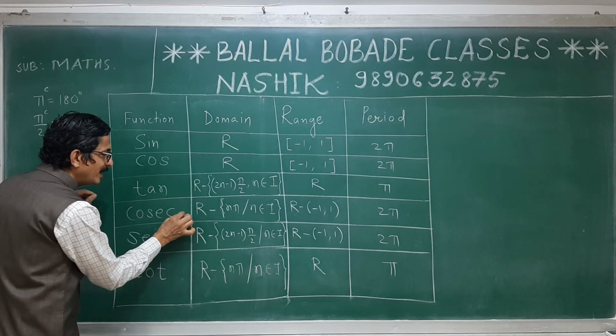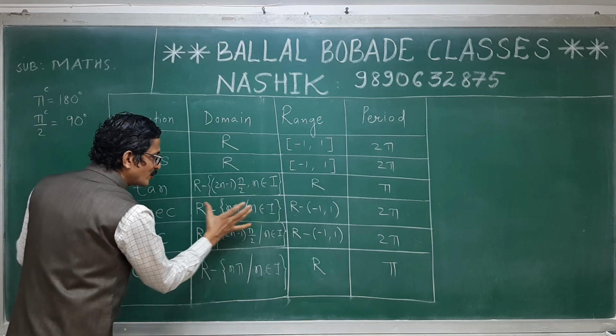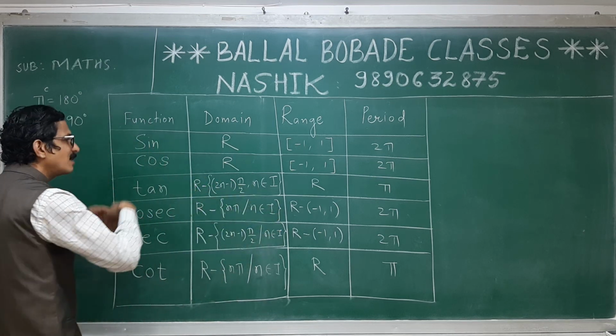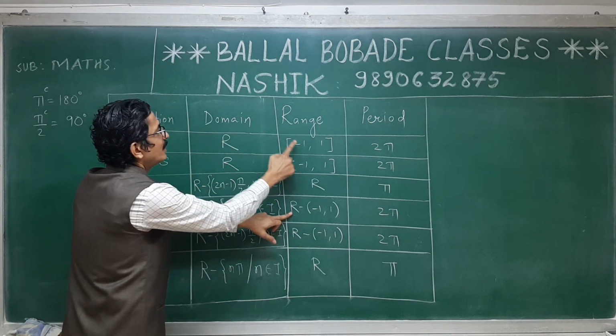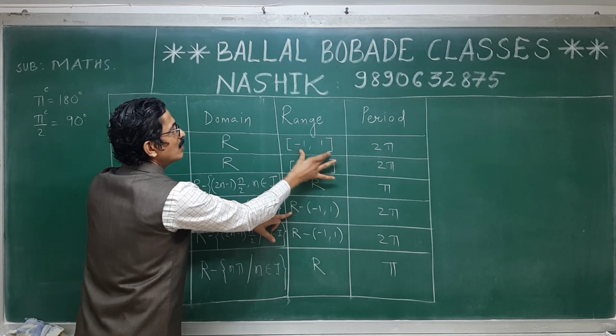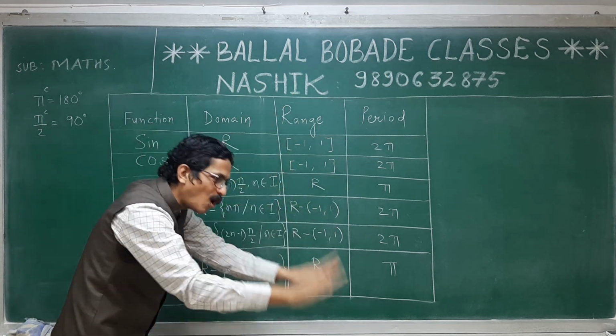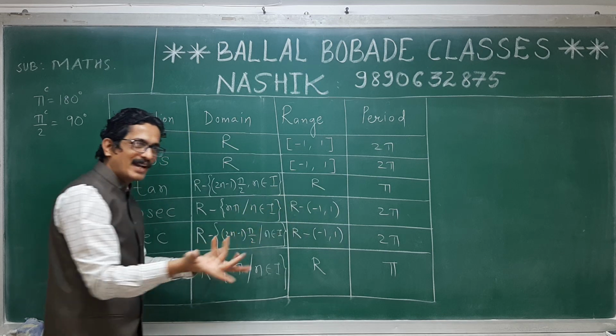Therefore cosec theta should be restricted to this, and once you do that your answer is this. How? Have a look. What is sin theta? It lies between minus 1 and 1, so its reciprocal will not lie between that, therefore it is excluded.